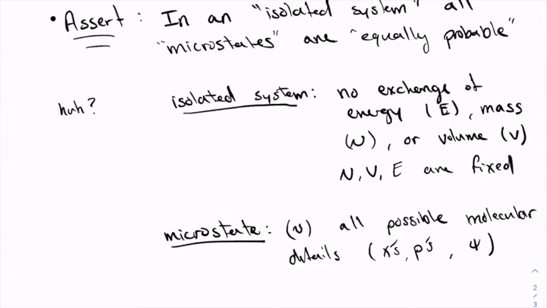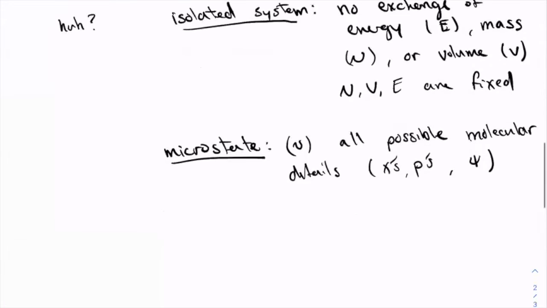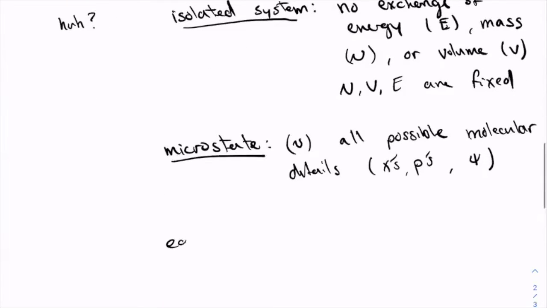Okay, so in a system which has its volume, energy, and number of particles fixed, every possible molecular configuration, every possible microstate, is equally probable. What do I mean by equally probable?